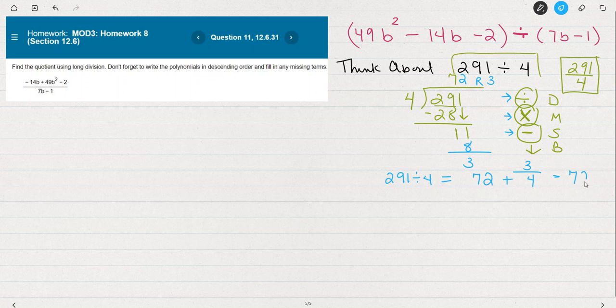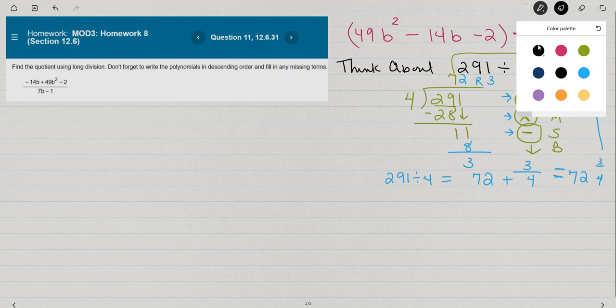You can write it like that also, 72 and 3/4. Now, if you use your fraction arithmetic to do 72 times 4 plus 3 over 4, we could convert that to an improper fraction, and guess what you'd get? You'd get this 291 over 4. Now, that's what you want to think of as we do this division.